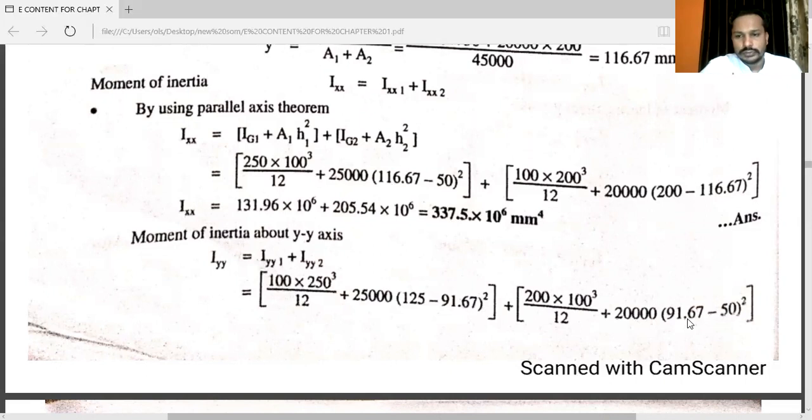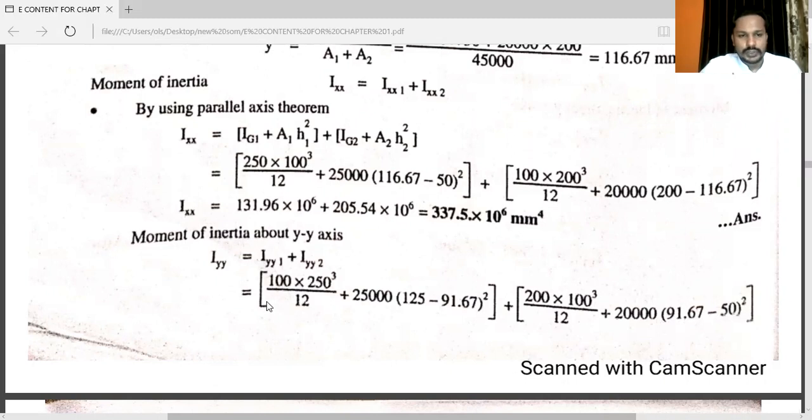Here you can see x bar minus x2. See, 125 minus 91.67. Here 91.67 minus 50. You can see x bar value here. You can see x bar value is here.